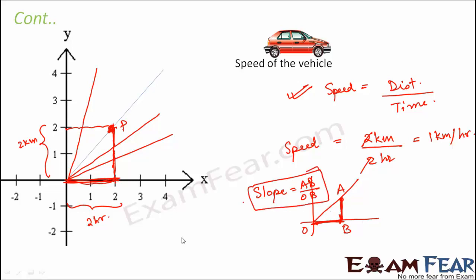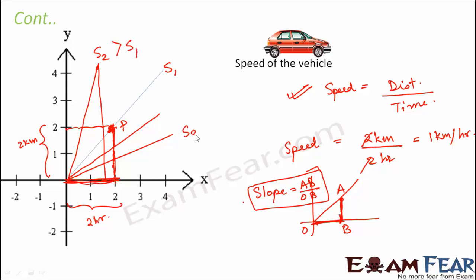Now if this line is more steep, for example in this case, the slope would be this distance divided by this distance. In this case the numerator is more, therefore the value of the slope would be more. Correct? So let's say the slope for this is S1, slope for this is S2. So we will say that S2 will be greater than S1.